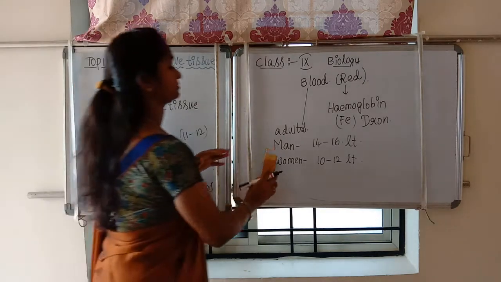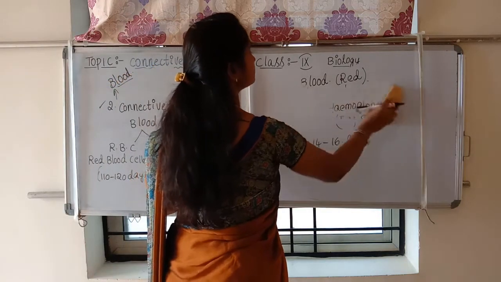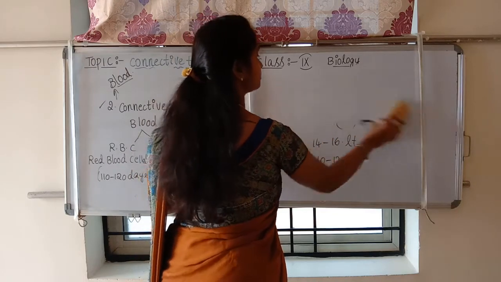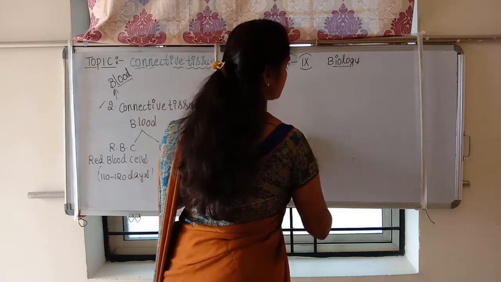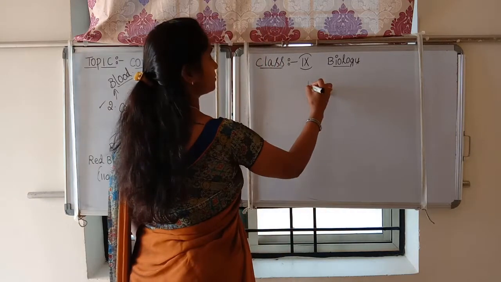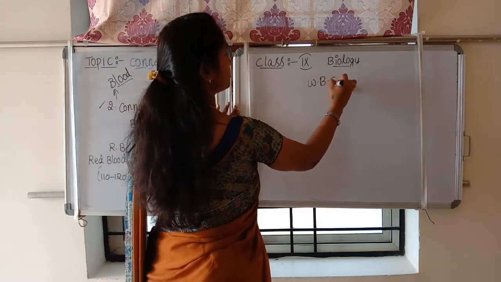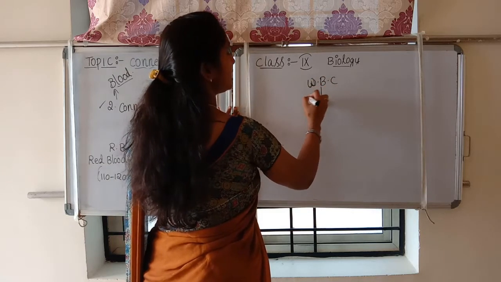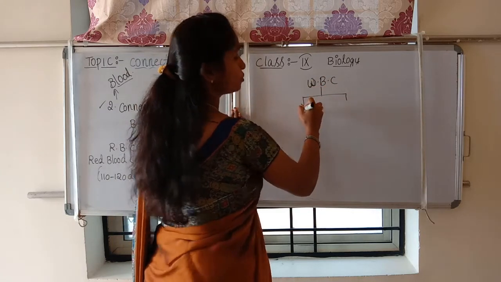And next, white blood cells have different types of cells. What are the types?